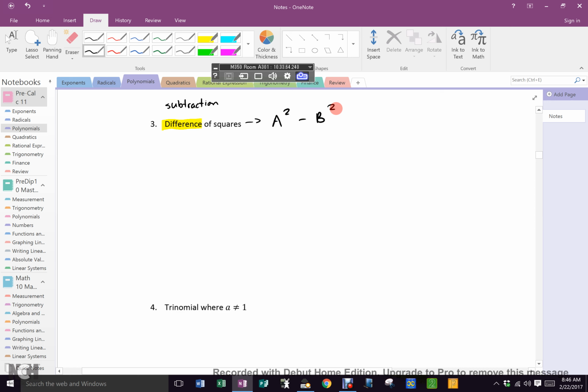Okay? And I'm going to give you an example first. X squared plus 0x minus 9. If you were to factor that, you need numbers that multiply to what? Negative 9 and add to what? 0. And what are they? Negative 3 and positive 3. So this is x plus 3, x minus 3.